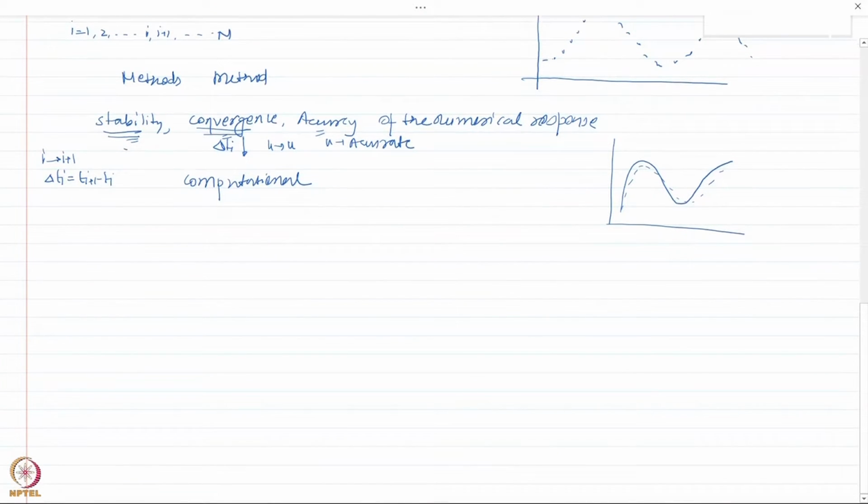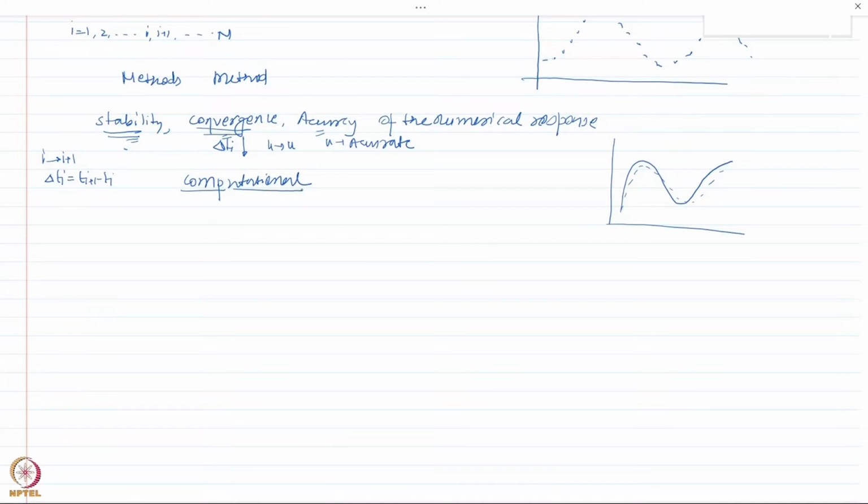Some methods might be computationally very efficient and might be utilized in certain scenarios, but you might have to give up certain other features like accuracy. That's why different numerical methods are utilized, so that computational time is manageable with some expectation on the accuracy of the solution. So these four criteria determine which numerical method to evaluate the response is better.